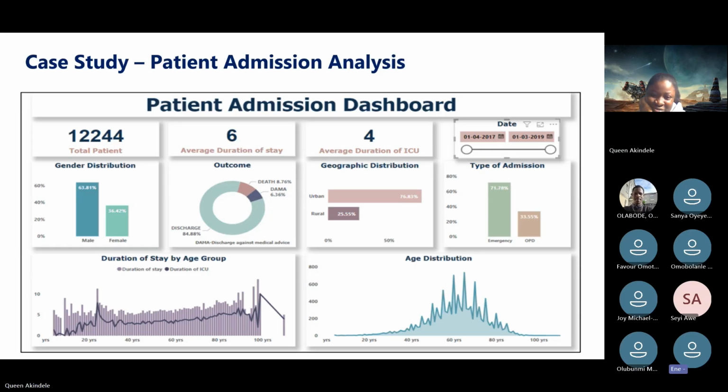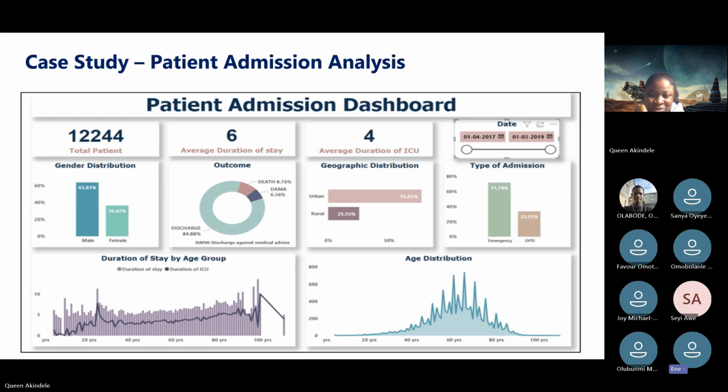I can see the geographical distribution between the urban areas and the rural areas, and it shows that in the urban area it is 76.83%, which is higher. This is the distribution of patients, right? Yes, admission in the rural area versus the urban area.